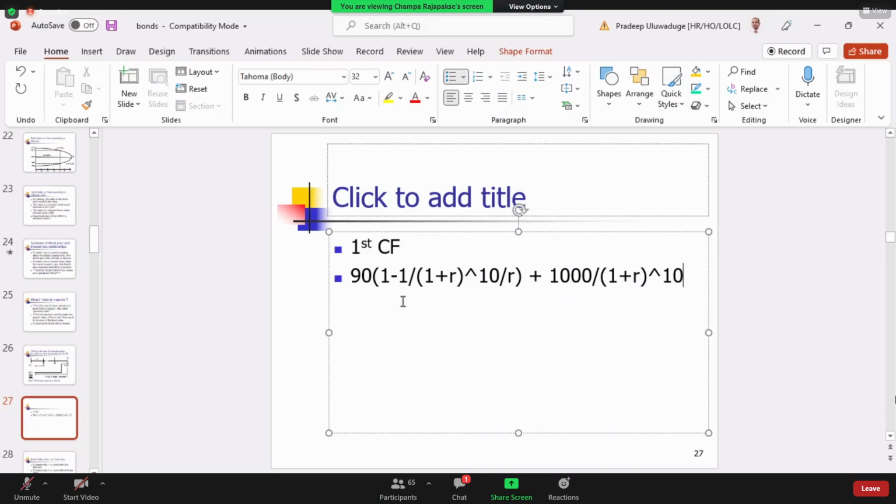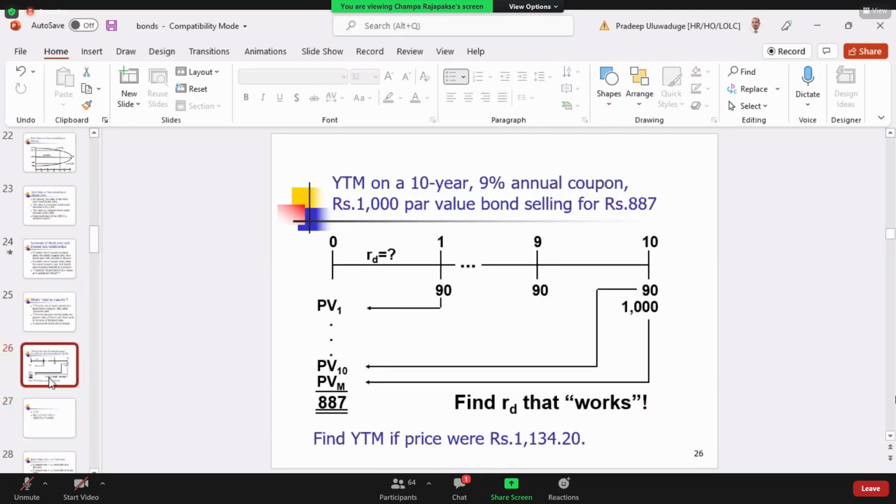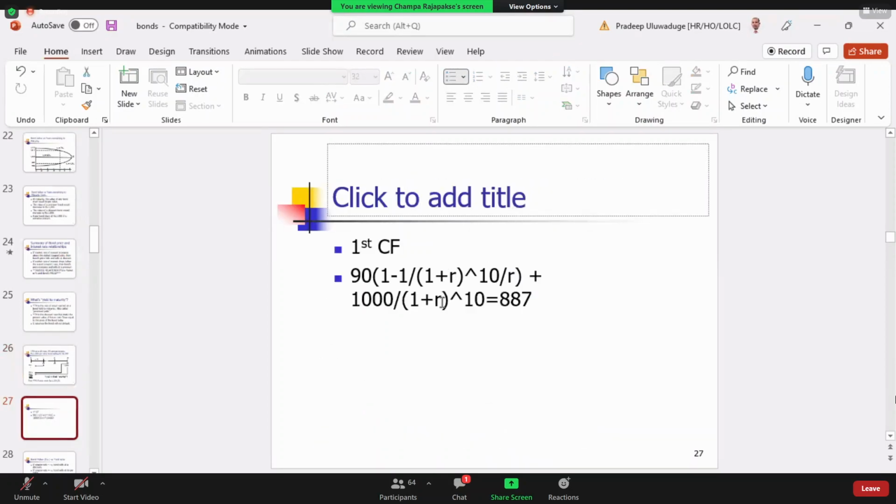And this has to equal the market price, 887. So what is the value of R that would satisfy this condition? That R is called the YTM.